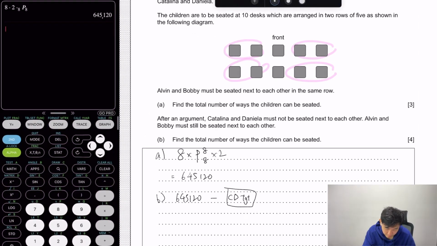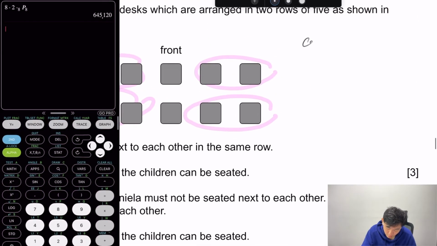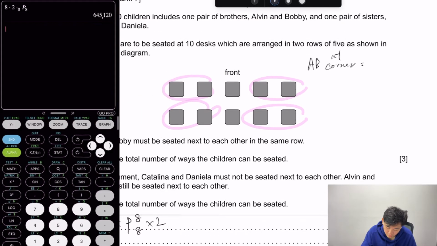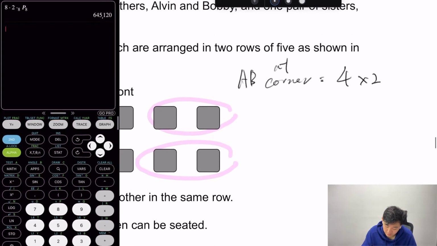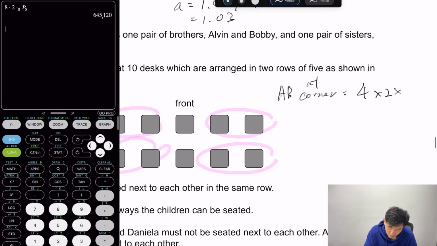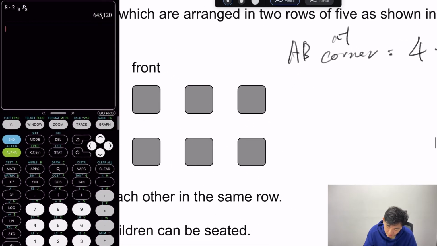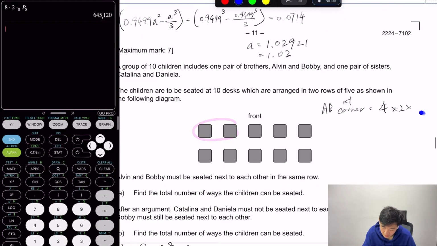So when A and B are at the corner, you're going to have 4 corners times 2 for the swap. Of course, then you multiply each of the situations. How can the sisters be seated together?